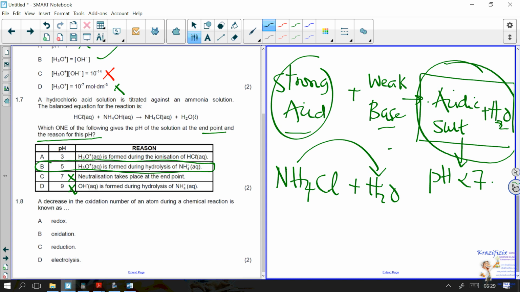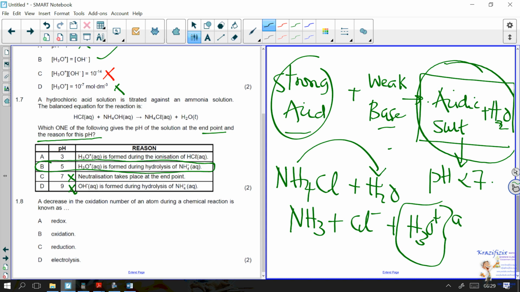This loses. And then what do we have? We have NH3 plus Cl- plus H3O+. This alone is acidic, makes the pH less than what? 7. Correct answer is B.